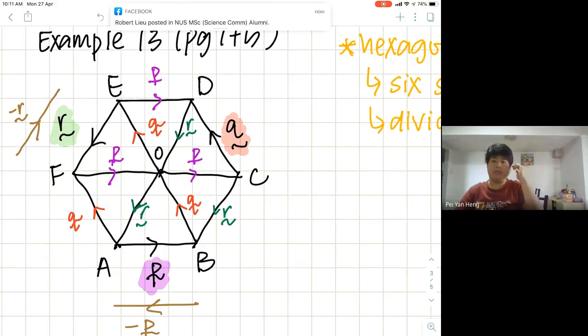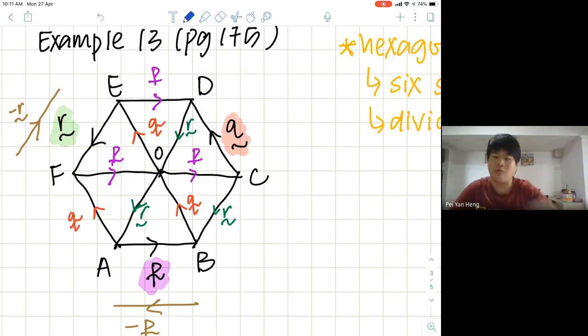Clear? That means you only have these routes to take. You cannot create your own road to move.